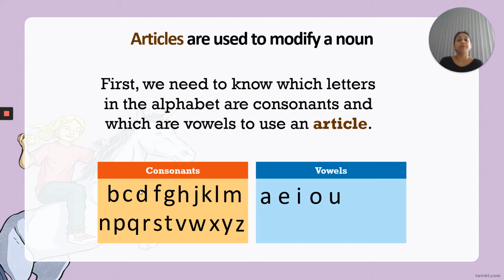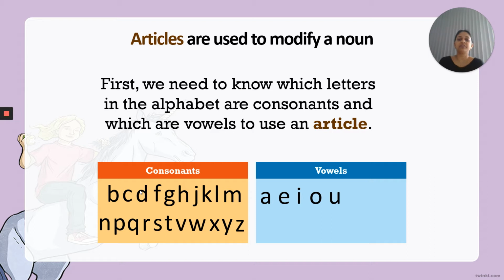Okay? Before we do articles, we need to know which letters of the alphabet are consonants and which ones are vowels. Okay, I know in your sounds right from nursery up to reception year one, you all know what are your consonants and your vowels, and you also learn all the sounds to these consonants and vowels.